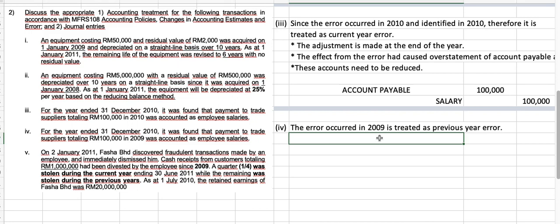Next, the adjustment is made retrospectively. So how do you do the retrospective adjustment?